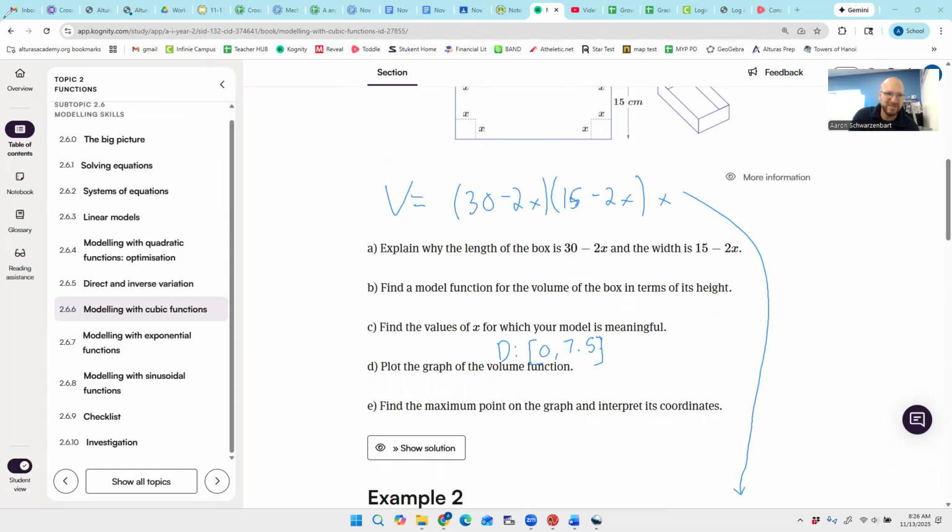So now it says graph it and find the maximum. So we'll go to our graph.